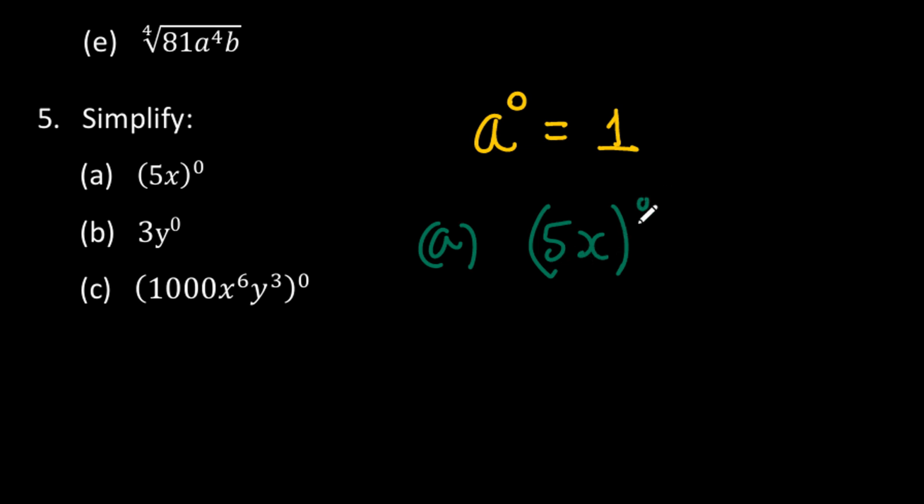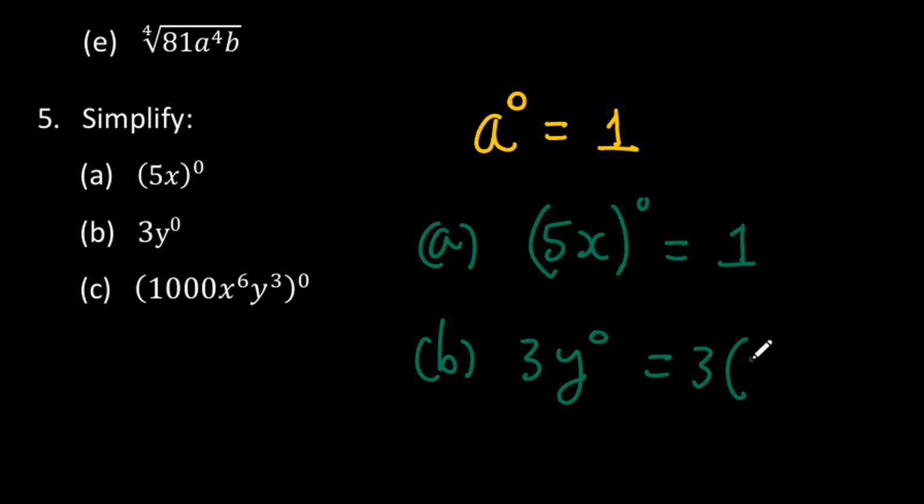And we know anything to the power 0 is 1. So the answer here will be 1. Let's look at b. There are no brackets here, so only the y must be raised to the power 0. So we have 3, and y to the power 0 is 1. So 3 times 1, which is equal to 3.